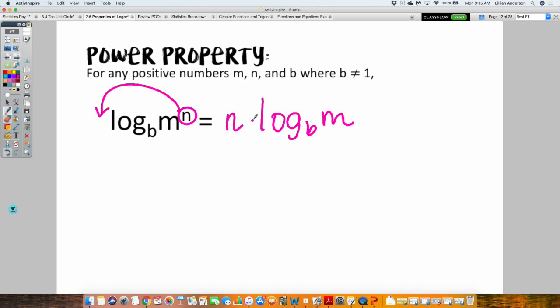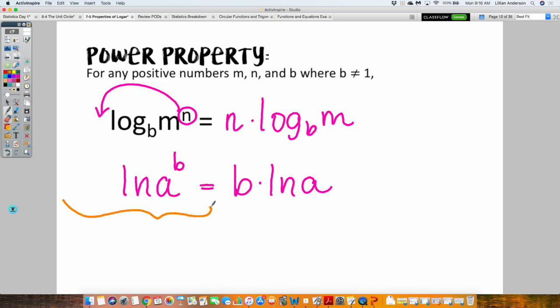Same thing applies with your natural logs. You bring that exponent to the front, and it turns into multiplication. That exponent times the log. Okay? And just as a heads up, this side is considered the condensed side.